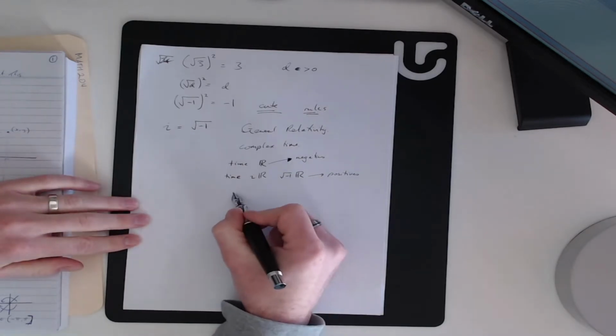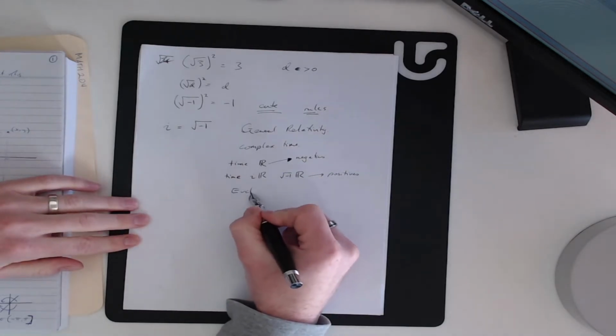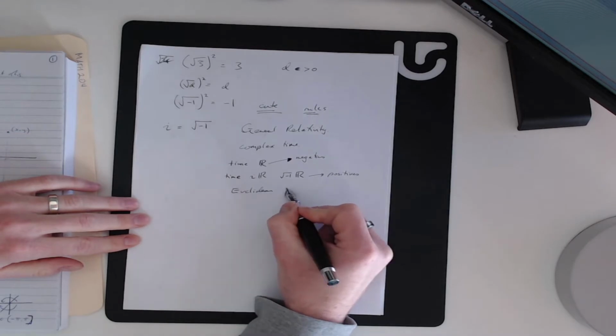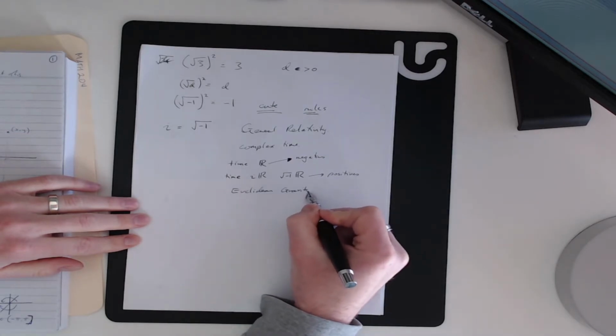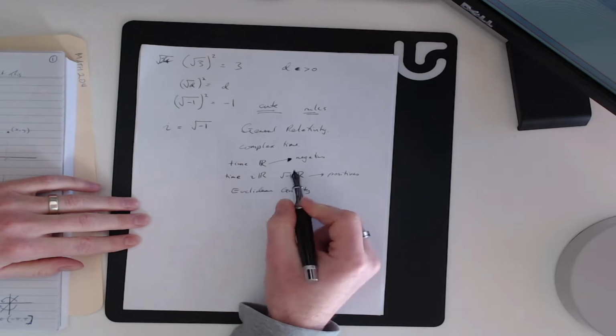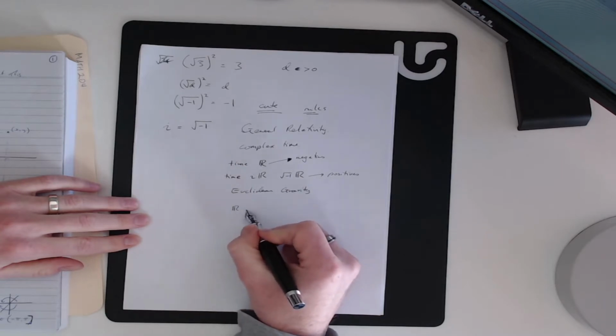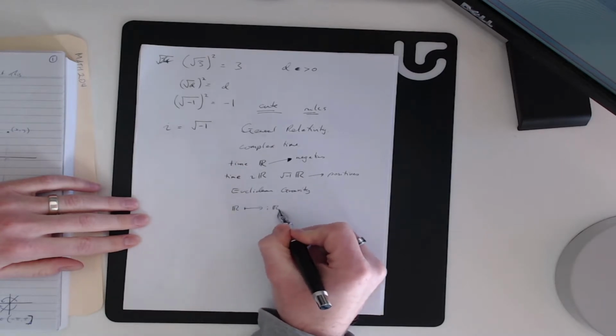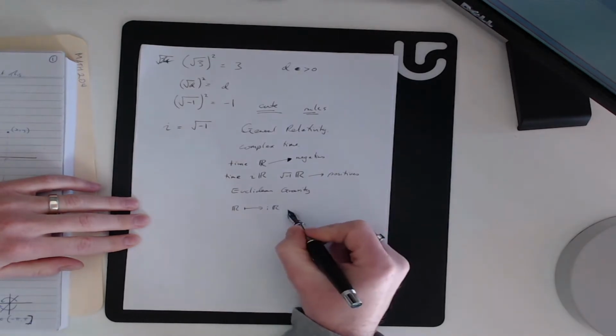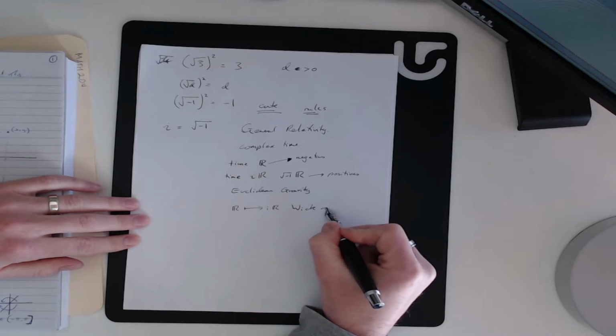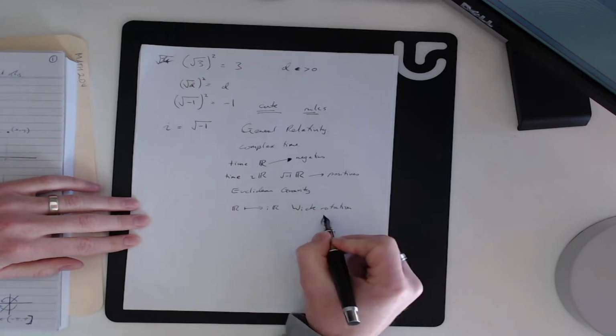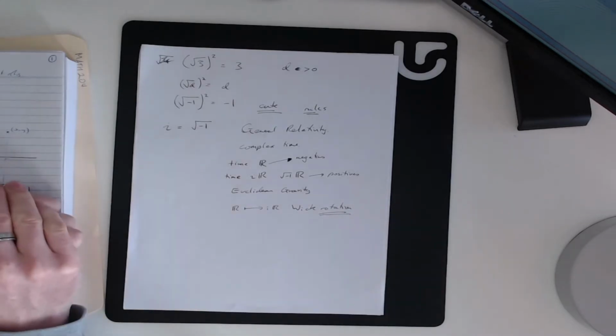So there's a whole thing called Euclidean gravity, which has been very successful, and this process of going from the real numbers into i times the real numbers is often called a Wick rotation. Rotations and complex numbers are related to each other.